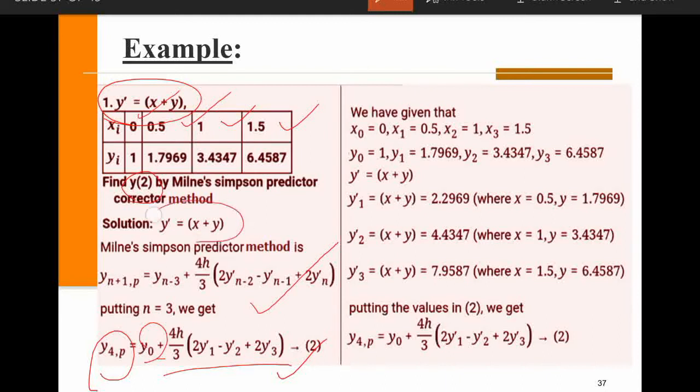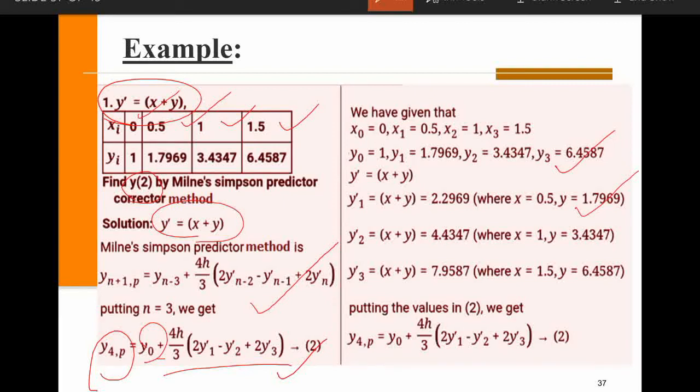This is your y dash, right? You will substitute x0, y0 to get y0 dash, x1, y1 to get y1 dash, x2, y2 to get y2 dash, right? These are the values. To get y1 dash, you will substitute the values x1, y1.